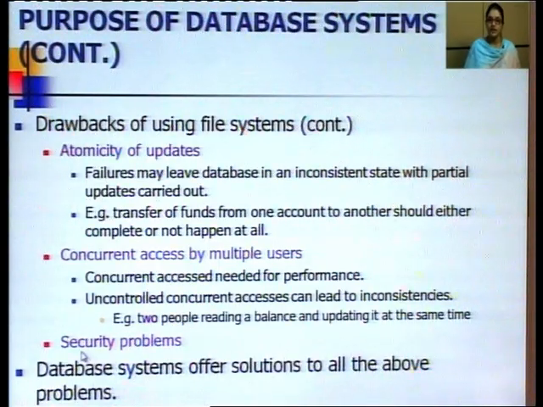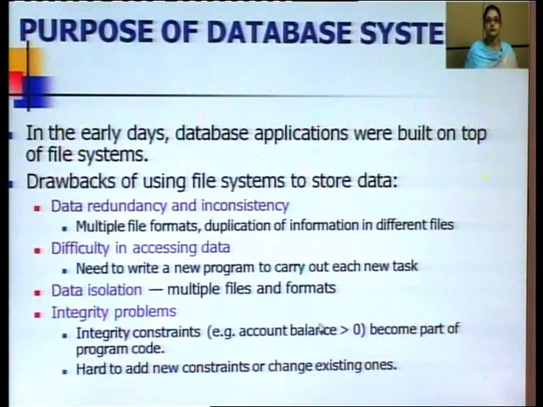Next, the file system can also face security problems because many unauthorized users can access your files and they can harm your files. The database system offers solutions to all the above problems.